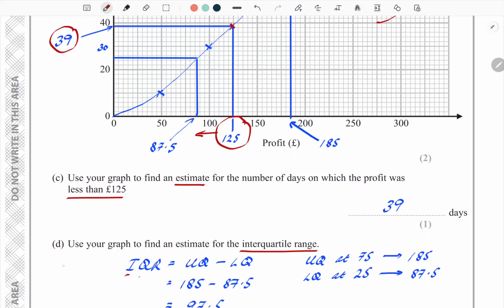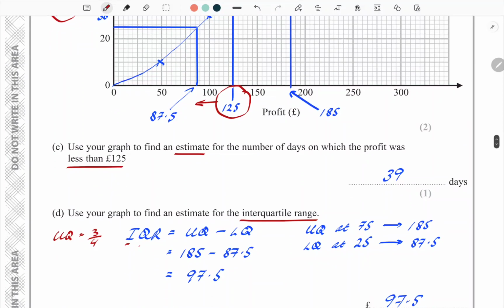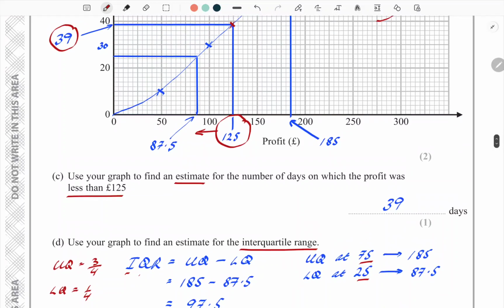Now, the upper quartile, just as a bit of revision, is 3/4 of the frequency, and the lower quartile is 1/4 of the frequency. Because we have a total of 100, your upper quartile is going to be the profit value at 75, and the lower quartile is the profit value at 25. I.e. where the frequency is 25, read off the profit value for that.